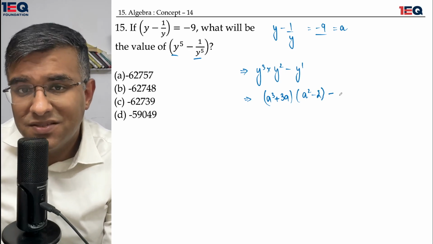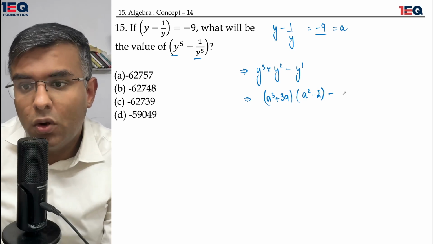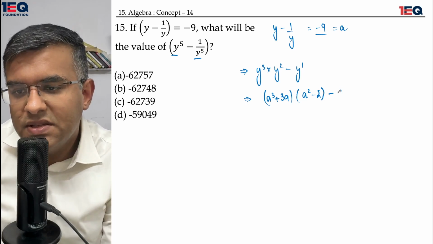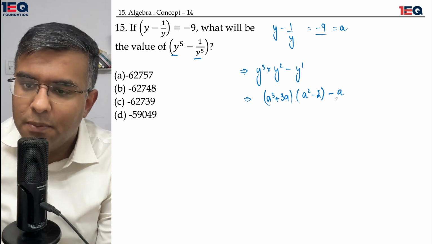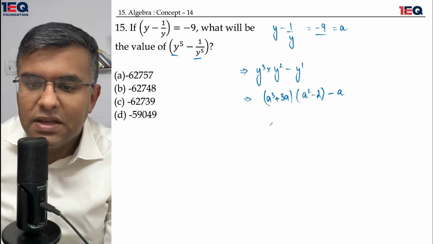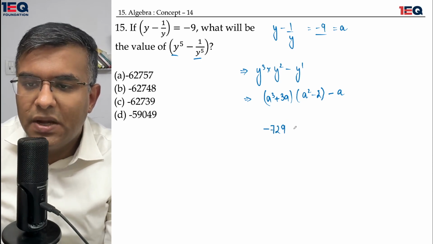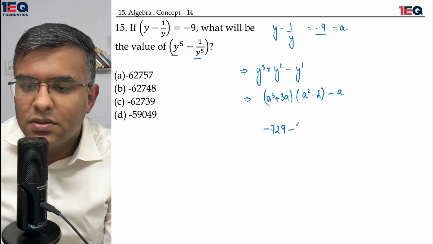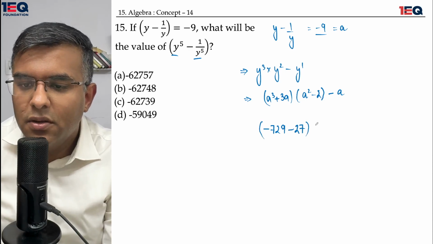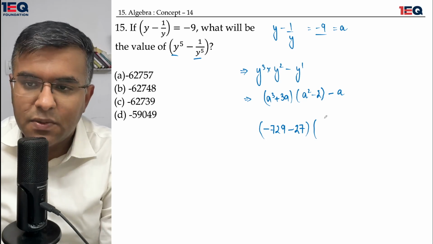Talking about minus y. What is minus y? Minus y raised to the power 1 simply means a. So I have a with me, which is minus 9. Minus 9 cube stands for minus 729, and minus 27 would be applied here. The same thing is going to be multiplied with a square minus 2.